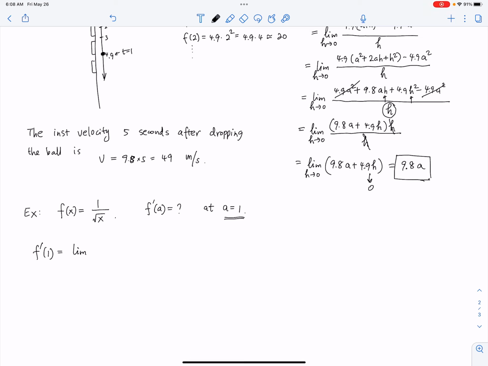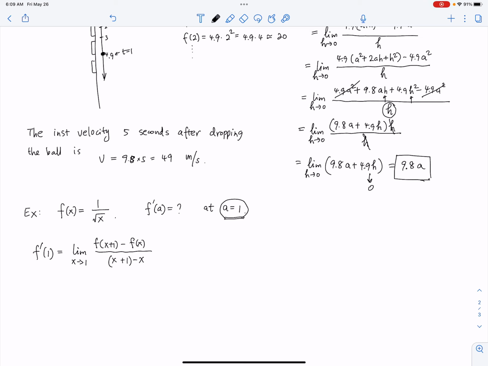You have 2 definitions, right? Remember, a is equal to 1.